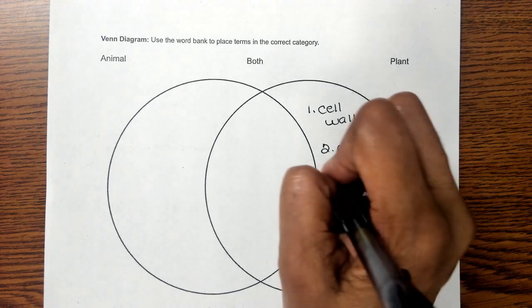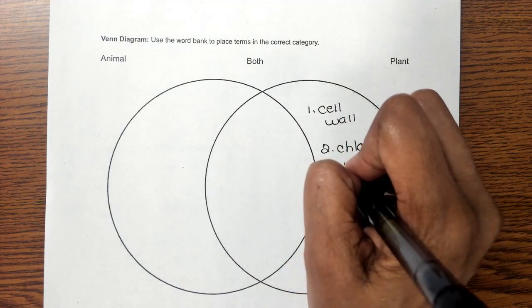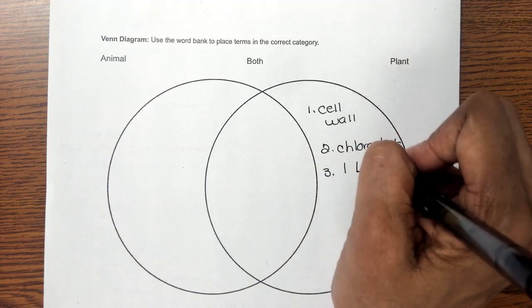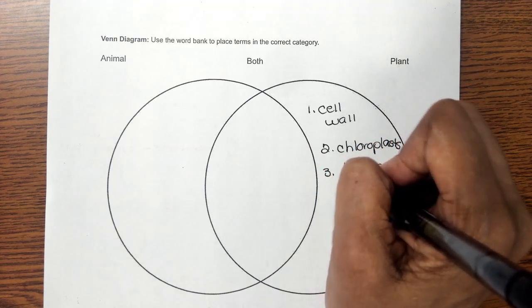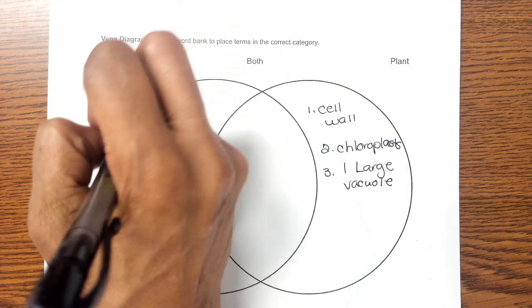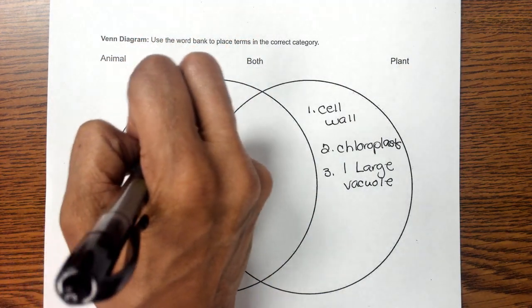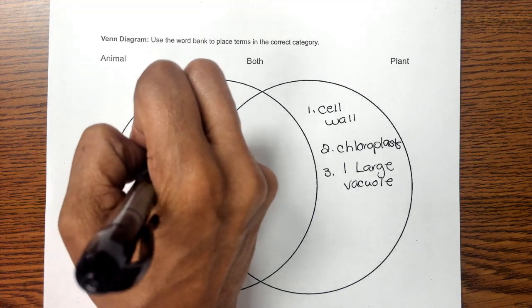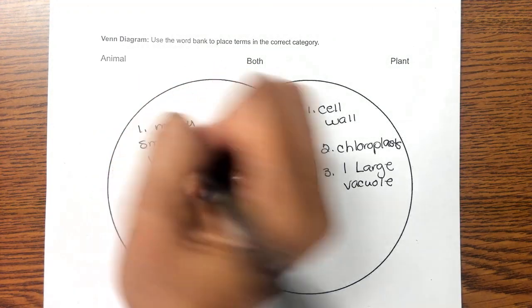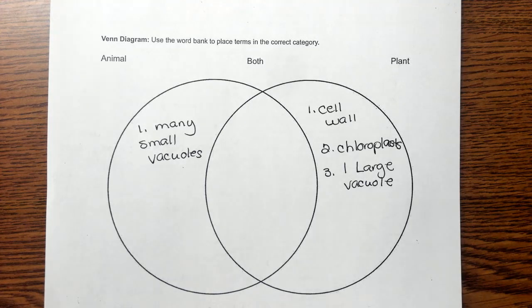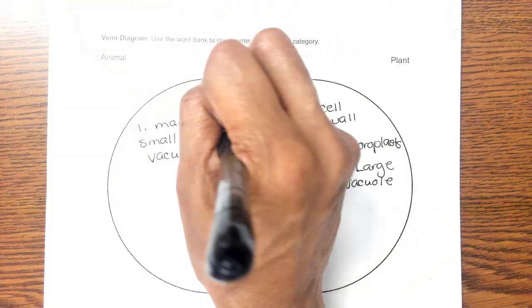One other difference between plant and animal cells is plant cells have one large vacuole. Animal cells have many small vacuoles. Okay, so they both have vacuoles. It's just the number of vacuoles that they have are different. Okay? Okay, and now we can fill in all the other things that plant and animal cells have in common.